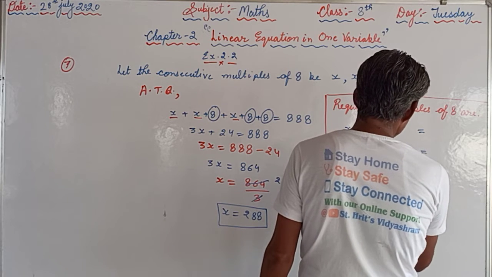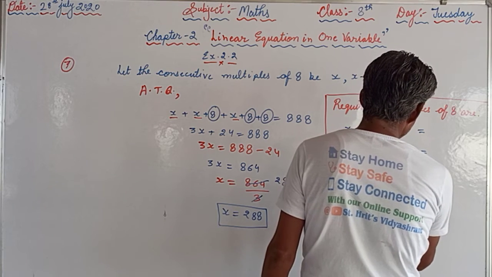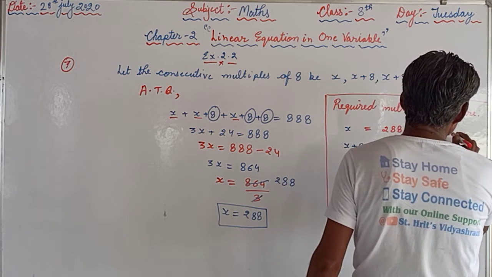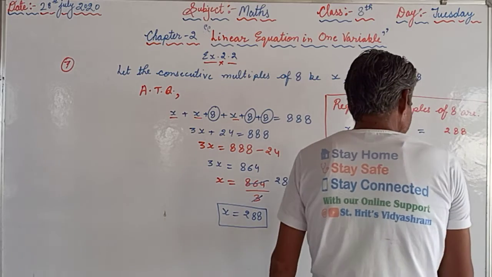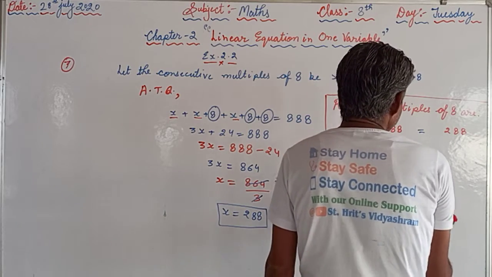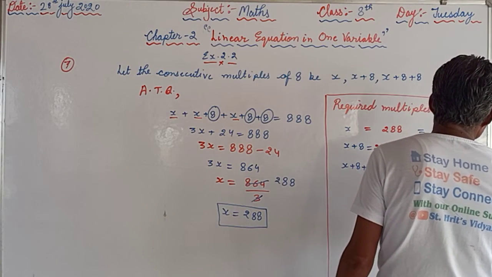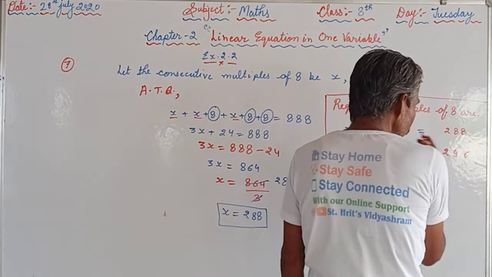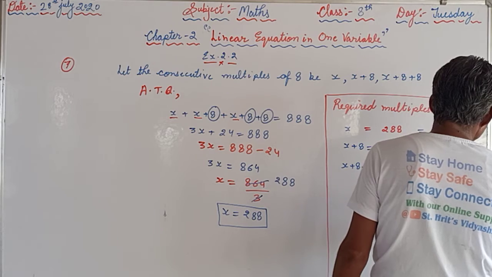Then if we add 8 to that, we will get 296, and for the third one, if we add 8 more, we will get 304.